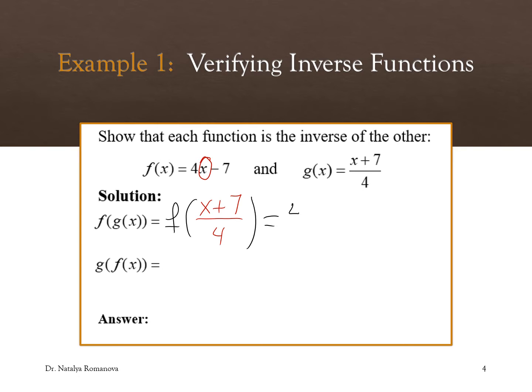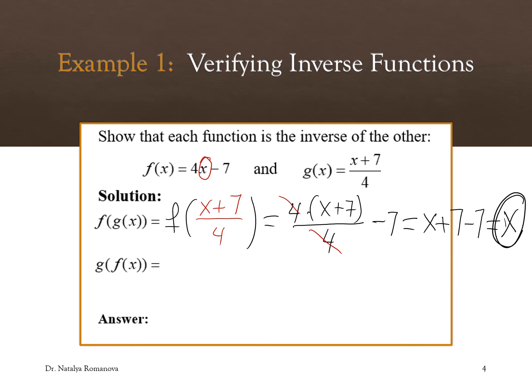Now it would be 4 times x plus 7 over 4 minus 7. We can cancel out 4 because we have multiplication in the numerator. Now we have x plus 7 minus 7. 7 minus 7 gives us 0, so we have x. Good, the first step works for us.